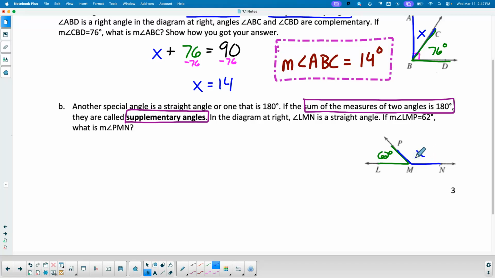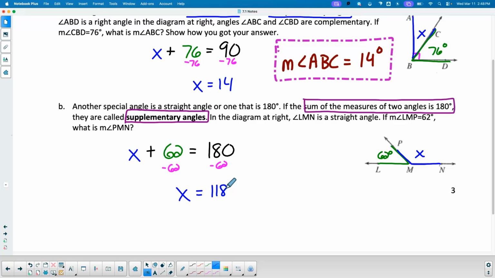So we'll call that X. We know that it's a straight angle, so that means that X plus 62 is how much? 180. So subtract off 62. X then becomes 118.